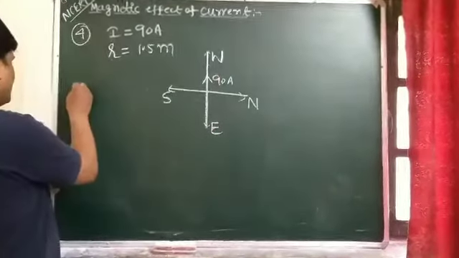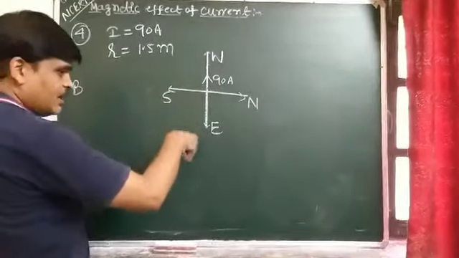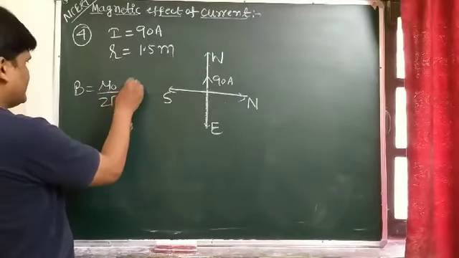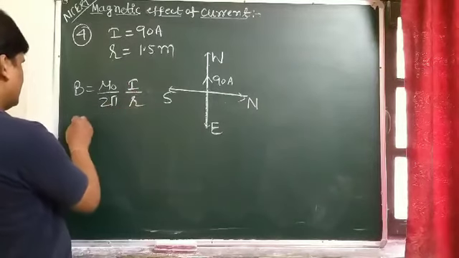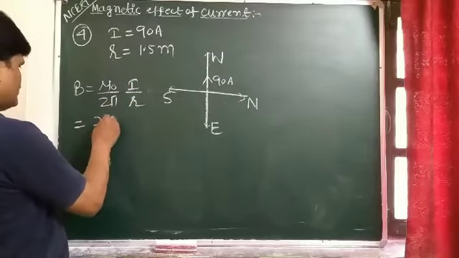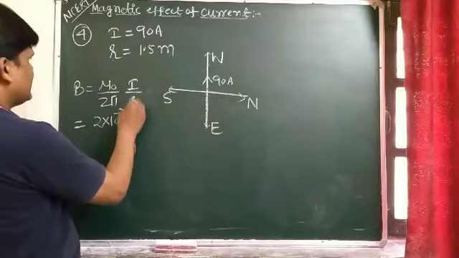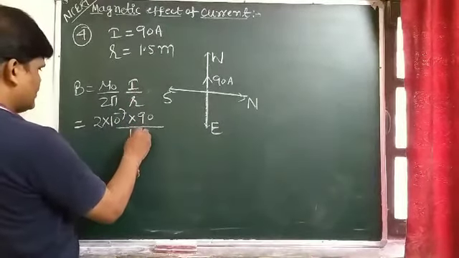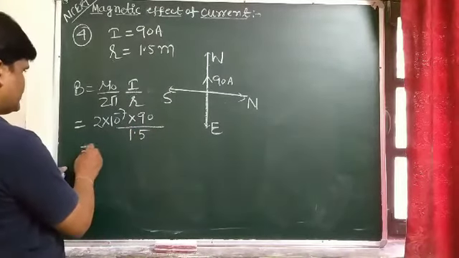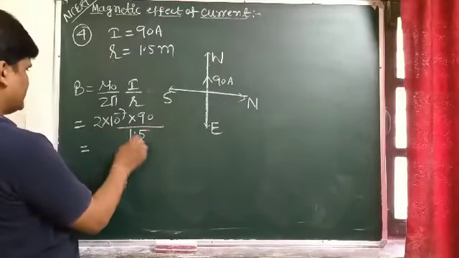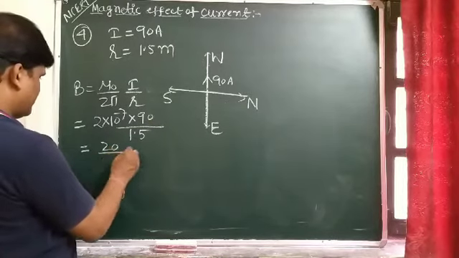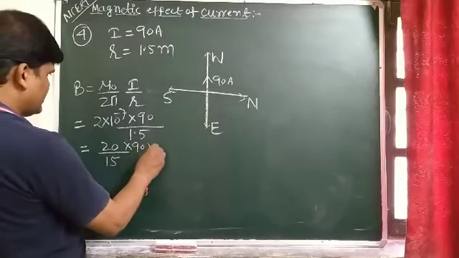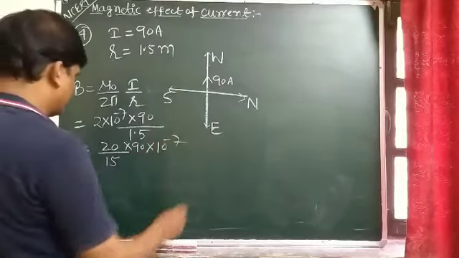And you know that the magnetic field due to a straight conductor at any point B equals mu naught by 2 pi I by R, and mu naught by 2 pi has value 2 into 10 to the power minus 7. I is 90, and R is 1.5. And student, this can be written as 20 by 15 into 90 into 10 to the power minus 7.